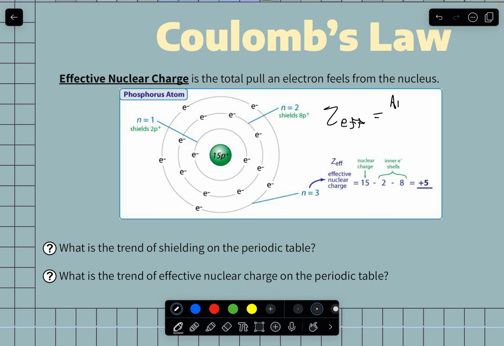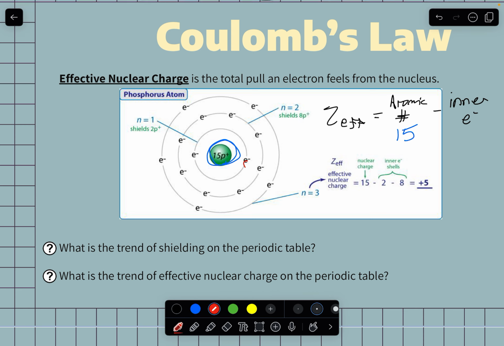so this is the atomic number, right? This is the number of protons you have, minus your inner electrons. Let me write it a little better. Your inner electrons. Okay, so in this image here, we have 15 protons. So our atomic number is 15.